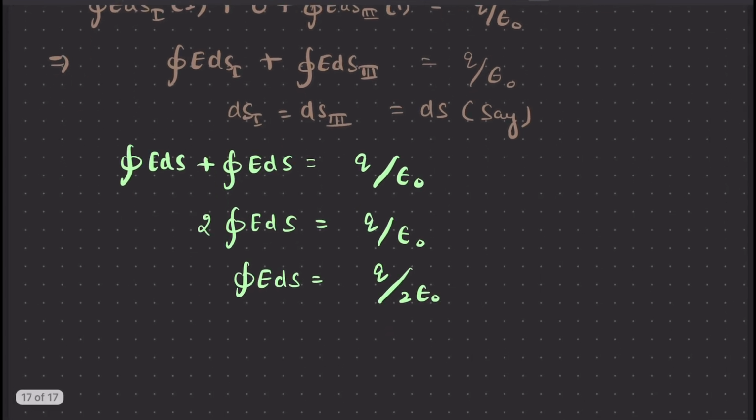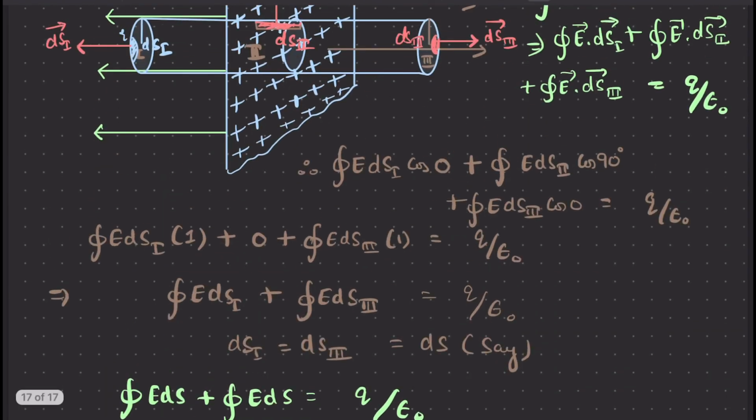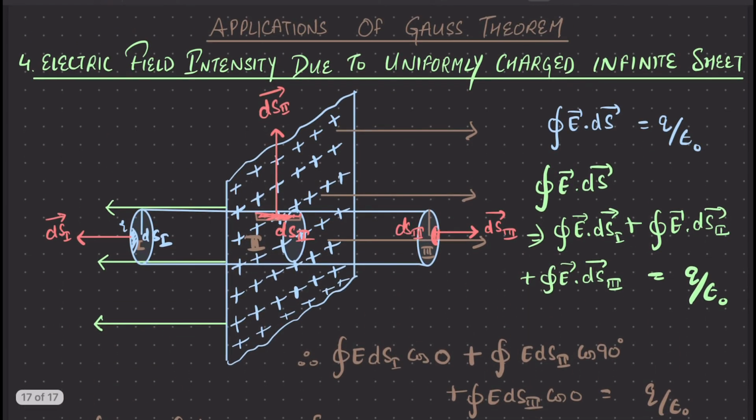Now we are left with the equation E closed integral ds equal to q upon 2 epsilon naught. The integration of the surface area gives the total area, because we are going to find the electric field intensity due to a uniformly charged sheet.